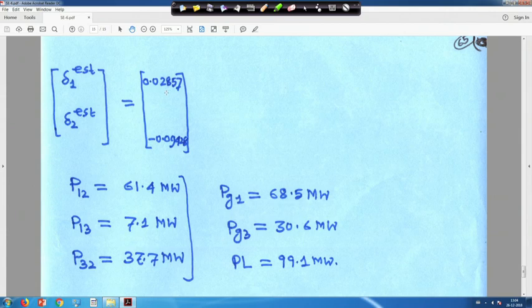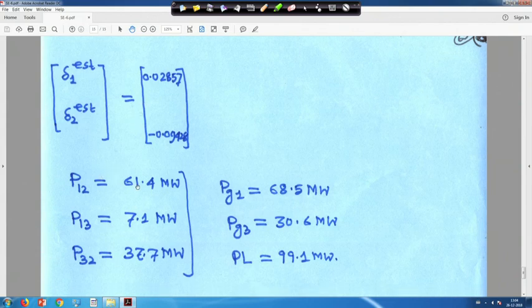Delta 1 estimated is 0.0285 radian, and delta 2 estimated you will get minus 0.09428 radian, right. Based on these estimated values you will get P12 equal to 61.4 megawatt, P13 7.1 megawatt and P32 37.7 megawatt, and PG1 68.5 megawatt, PG3 30.6 megawatt, and PL equal to 99.1 megawatt.